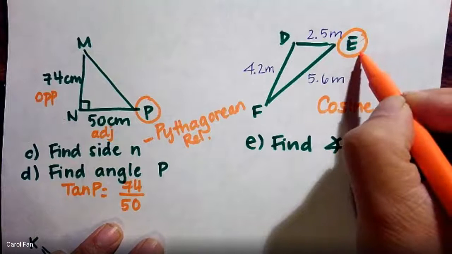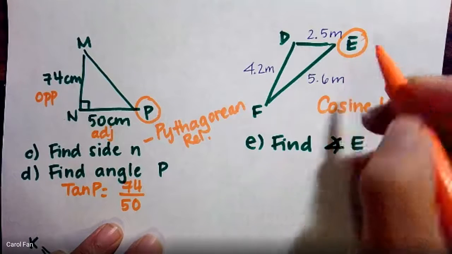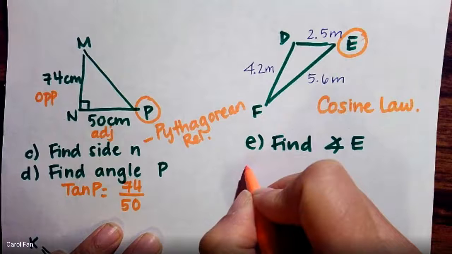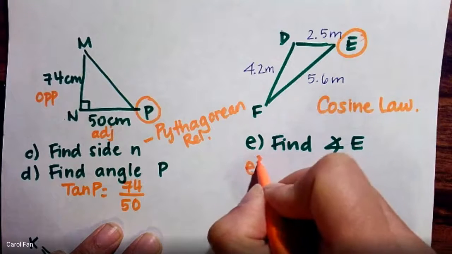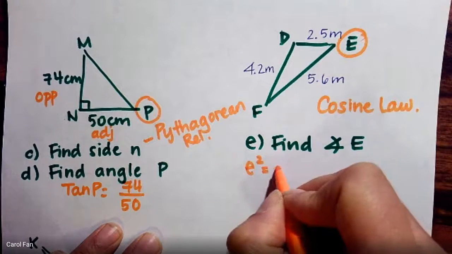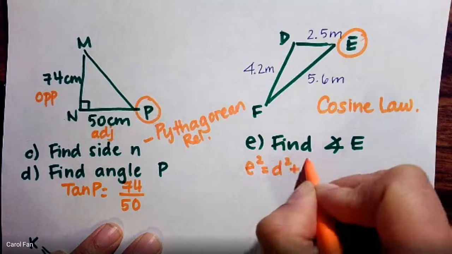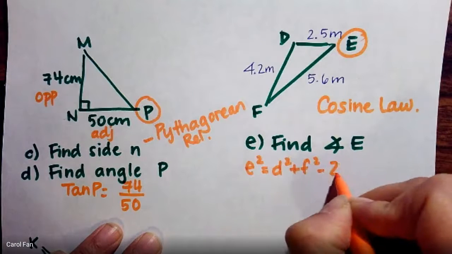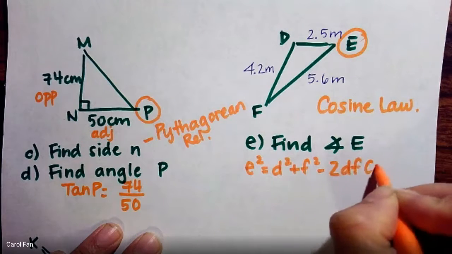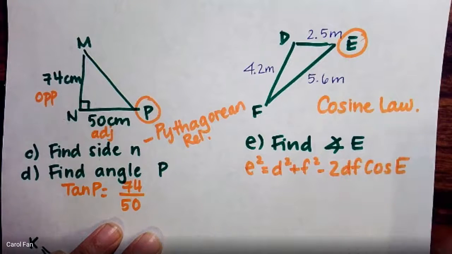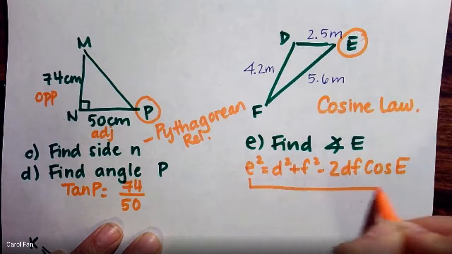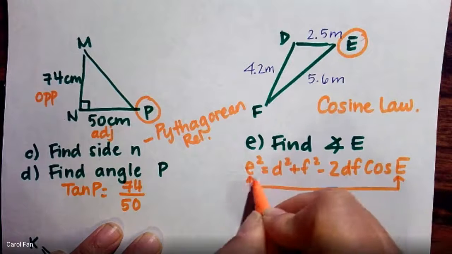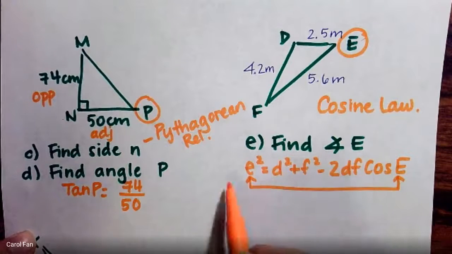And since E is the angle that I'm looking for, I know that E has to be our sandwich. E squared is equal to D squared plus F squared minus 2df cosine E. So I have my E on the outside, and both of those correspond to each other.